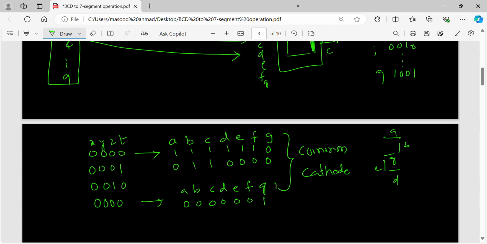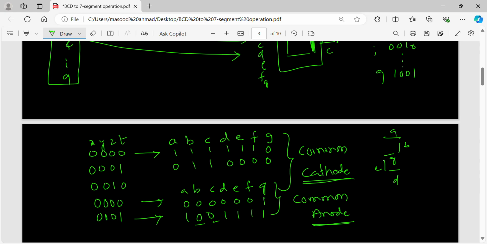Then it is known as common anode type display. Okay. So if you want 0, 0, 0, 1, the segments B and C should be zeros, and the rest all should be ones, so that B and C will glow. Okay. So in common anode, the input should be low. In common cathode, the input should be high.